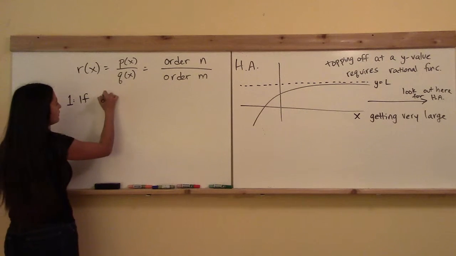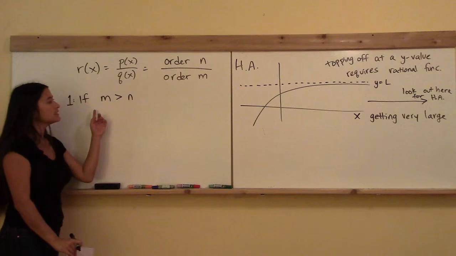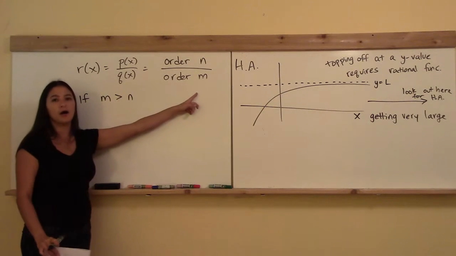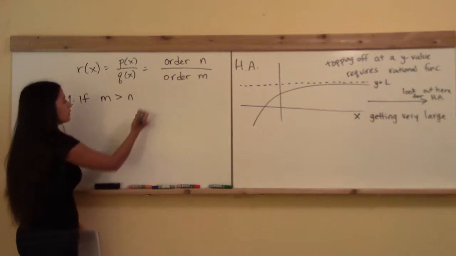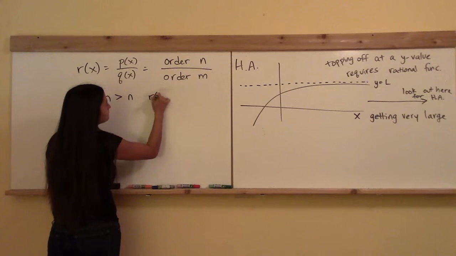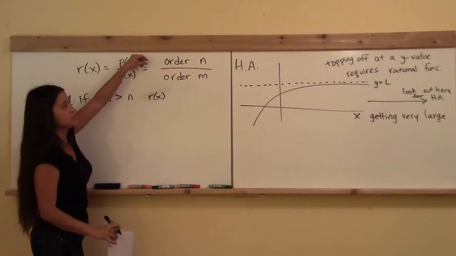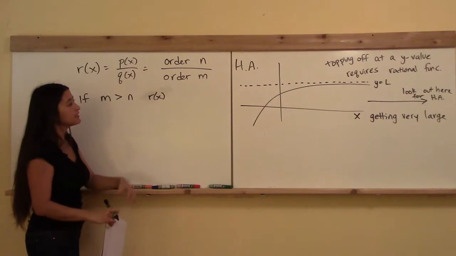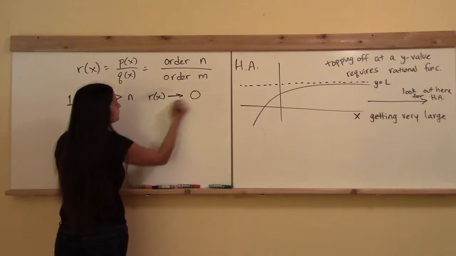Case number 1, if m is greater than n, this would be the case where the polynomial on the bottom has a higher order, the polynomial on the top has a smaller order, and so the function r of x, if you have a higher power on the bottom and a smaller power on the top, when x gets very large, r of x is going to go to 0.